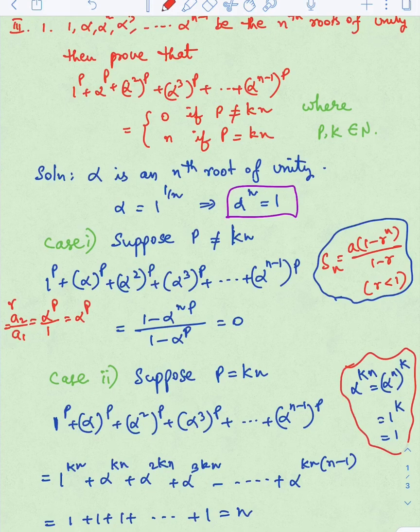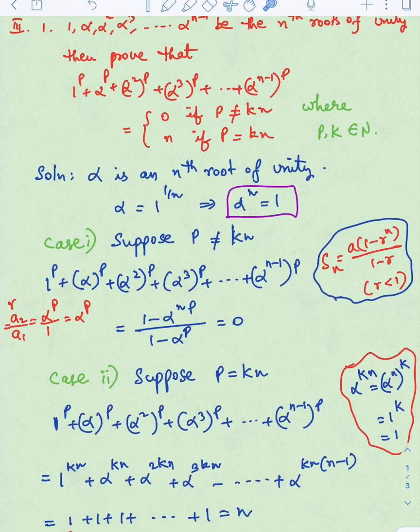That is 1 power k, that is 1. Dear Sweros, see here, I will tell again. This alpha power kn can be written as alpha power nk. What is alpha power n? Here it is, alpha power n is 1. Put 1 here, 1 power k. 1 power anything is 1. Like that you get 1.